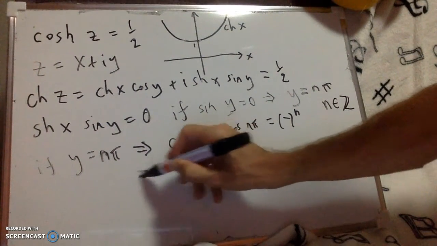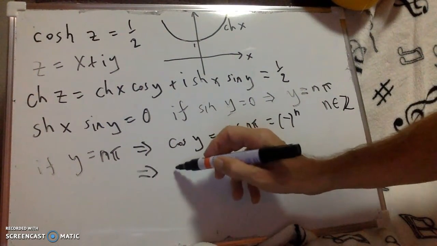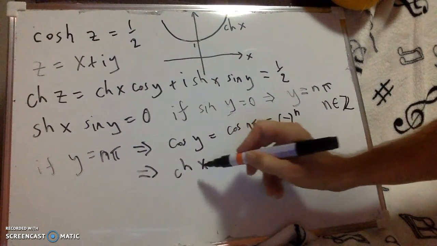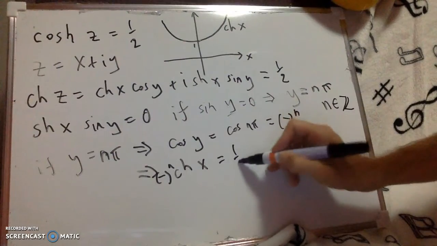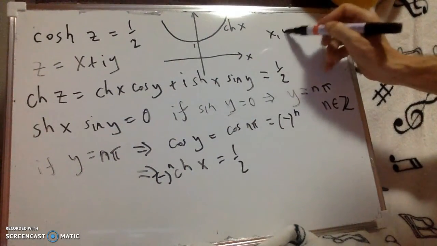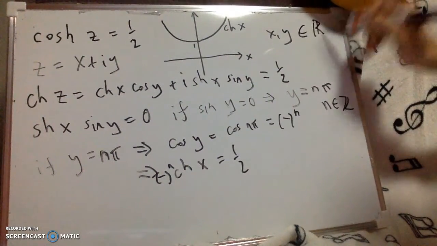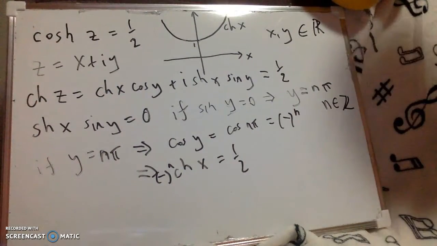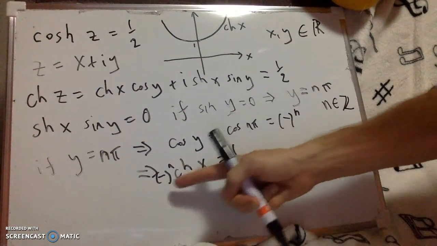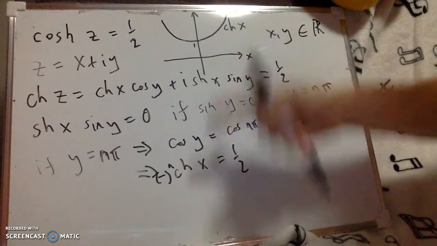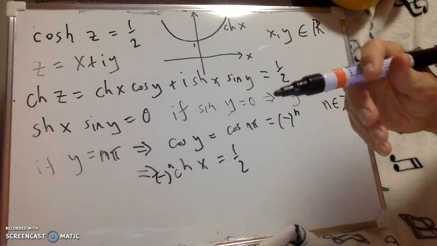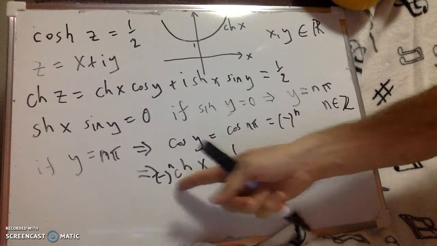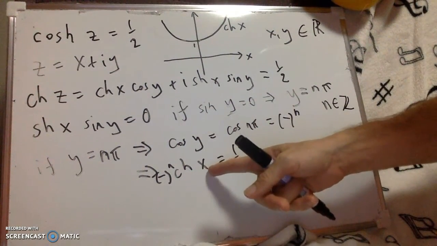Just to write that out, this would imply that cosh x times minus 1 to the n is equal to 1/2. Now remember, x and y are both real numbers. So for the same reason as we know that z can't possibly be real, this has no solutions when x is real.